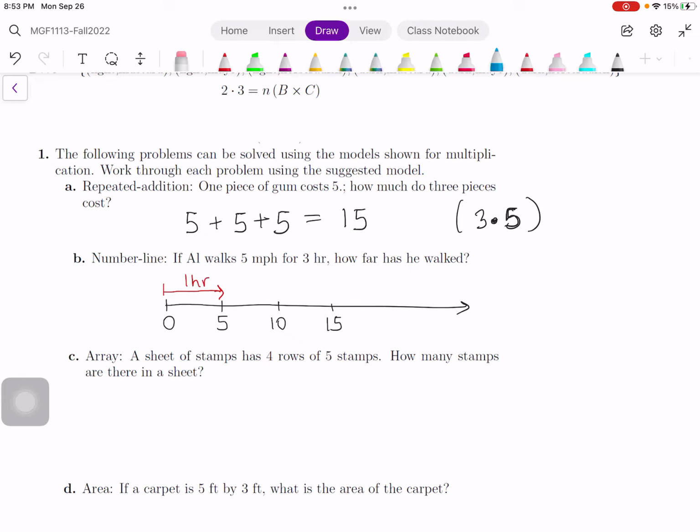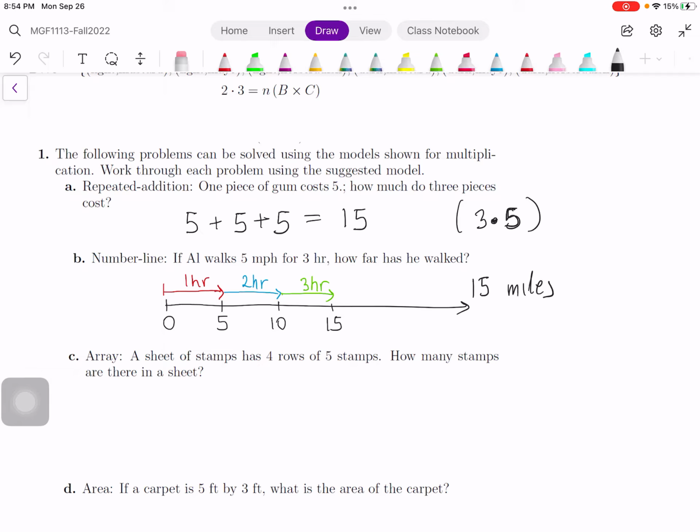Then another hour, he walked again 5 miles. And then the third hour, he walked again 5 miles. So combined, he walked 15 miles.